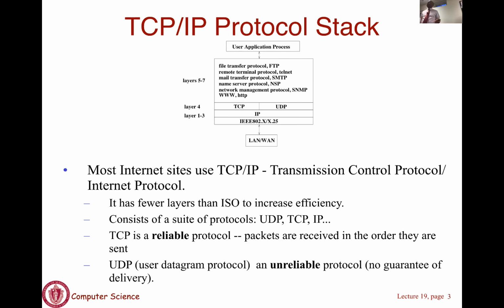TCP is an end-to-end protocol, which means it is responsible for end-to-end communication at the source and the destination in terms of handling lost packets. If you send a packet and it gets lost over the network, TCP is responsible for detecting losses and retransmission.